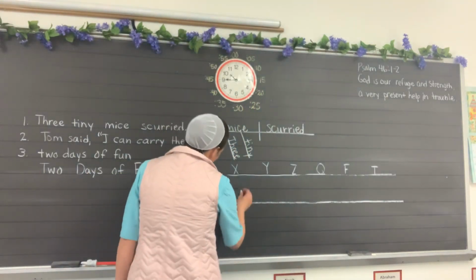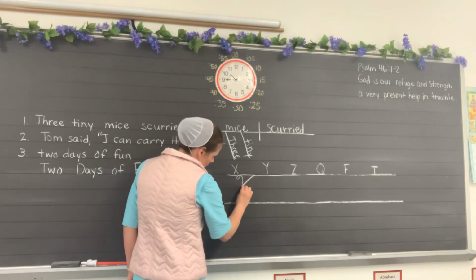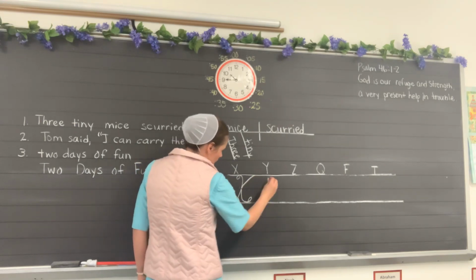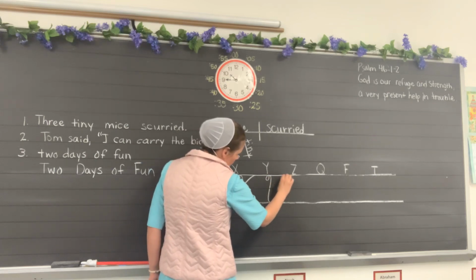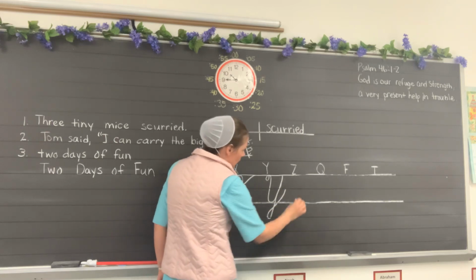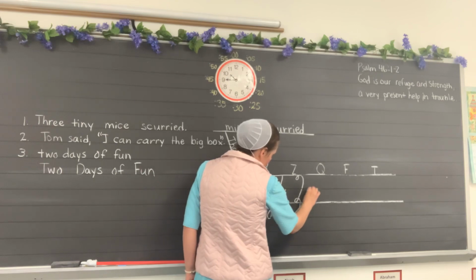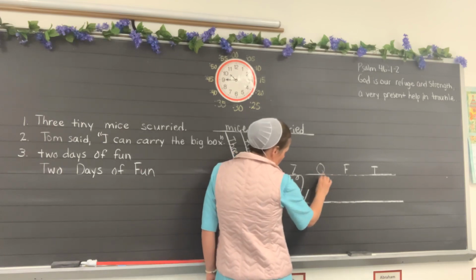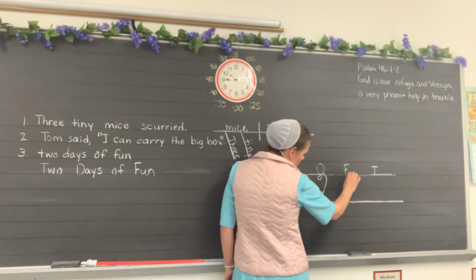The X's, we go like this. The Y's go like this. Z's like this. This is how you do a Q. F's.